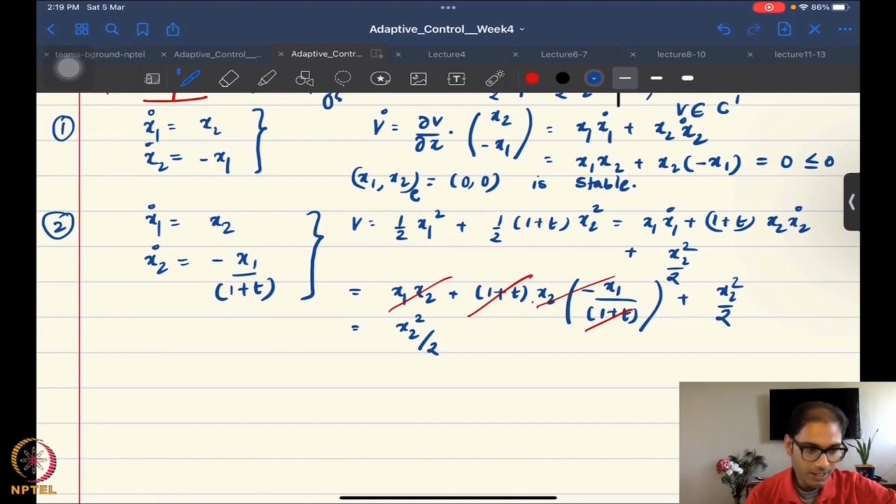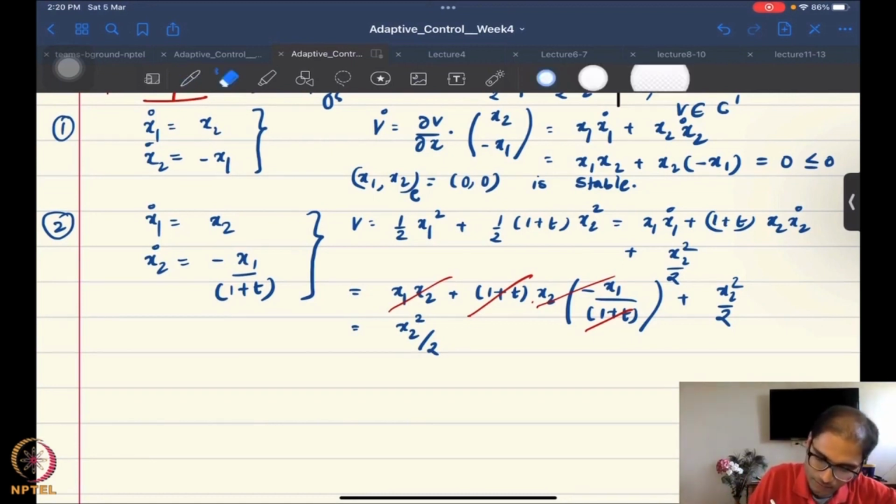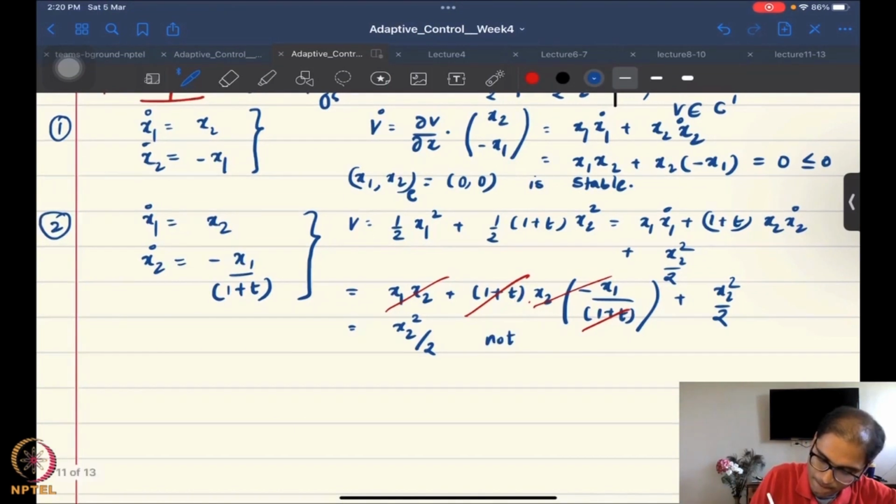So this is where things can get wiry. It's not that easy. Now the question is, is this actually a stable system or not? In this case, finding the solution is also not going to be very easy. I'm sorry, I wasn't careful here.